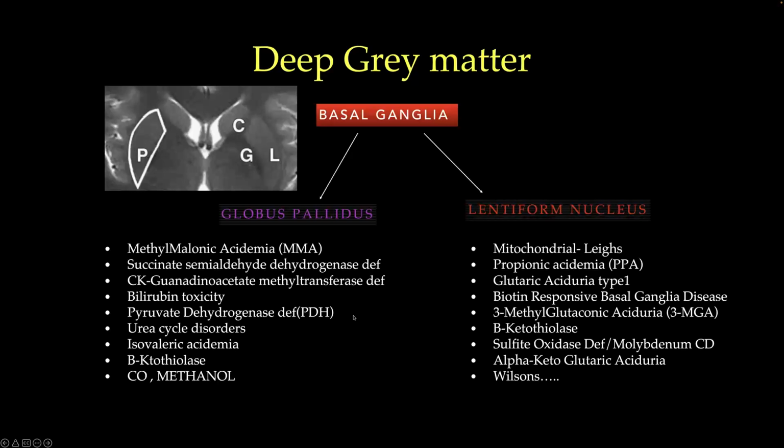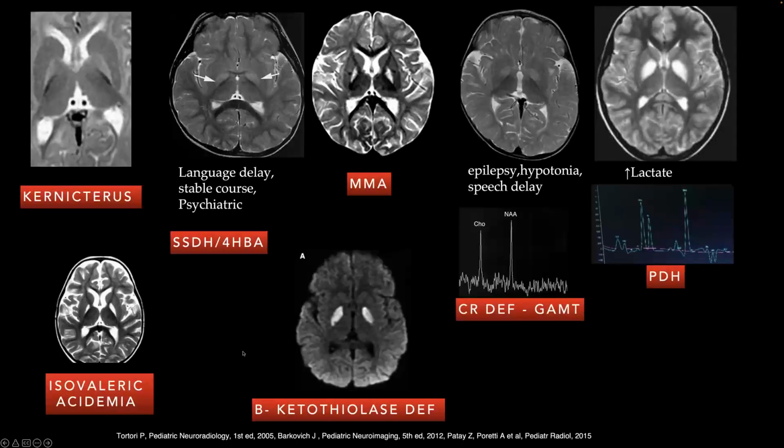These are further differentials for bilateral globus pallidi changes, ranging from kernicterus to beta-ketothiolase deficiency. There was no creatine deficiency, so that can be ruled out, but the rest of the findings, at least on imaging, are to be kept in the differentials. At this point, I'll open the case for further discussion.